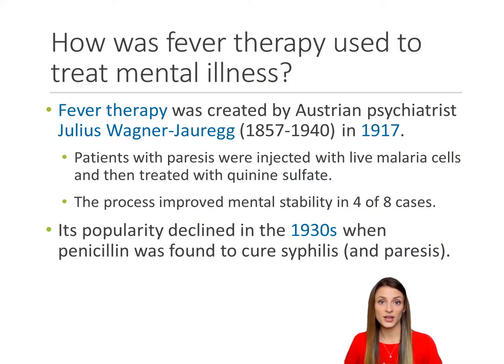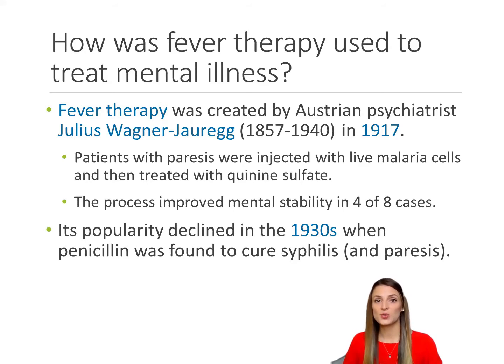An Austrian psychiatrist, Julius Wagner-Jauregg, created fever therapy in 1917. He published a report about how he had intentionally injected his patients with malaria. His patients had psoriasis, which is a debilitating condition that results from neurosyphilis, an infection of the brain.